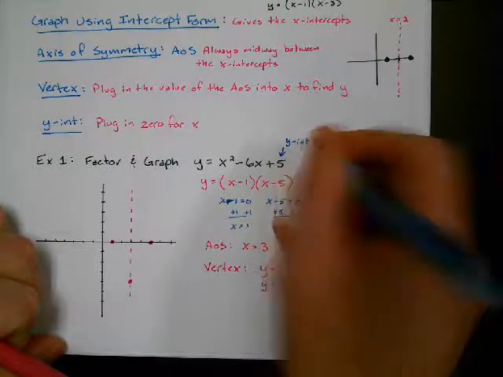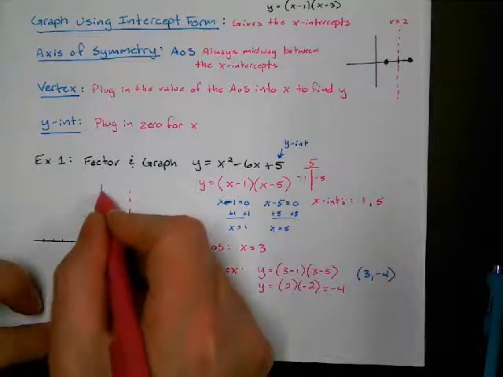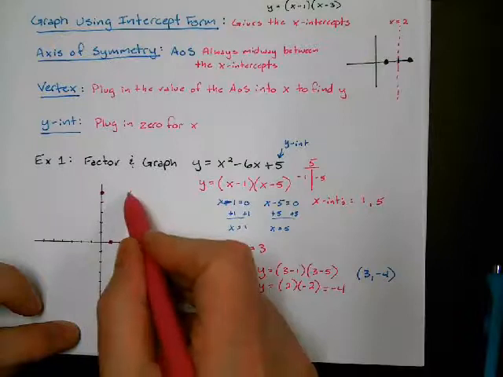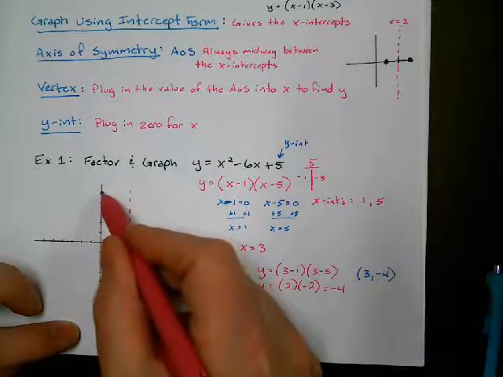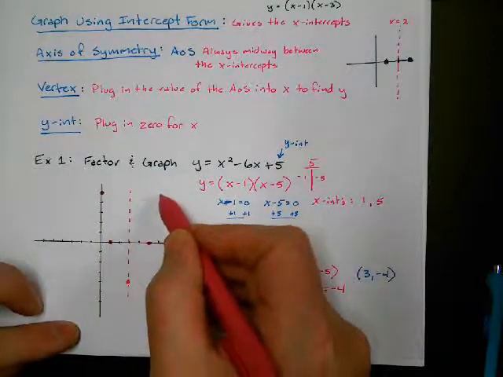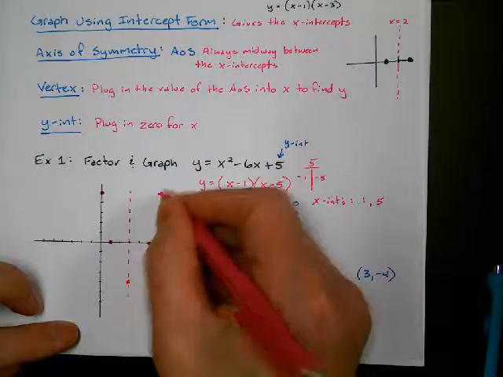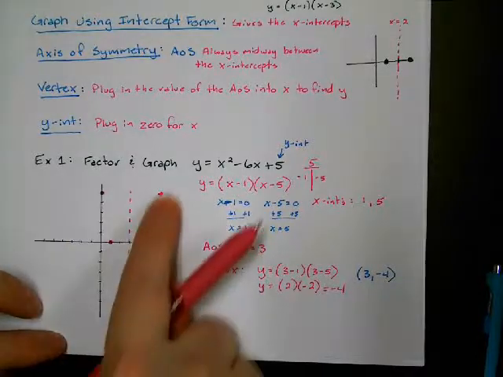So if I go over here, 1, 2, 3, 4, 5, there's my y-intercept. And remember, the axis of symmetry is a mirror image. So this is 1, 2, 3 away. So if I go 1, 2, 3 away on the other side, I've got another point that's a mirror image over there. Now I got a really good view of what my parabola should look like.